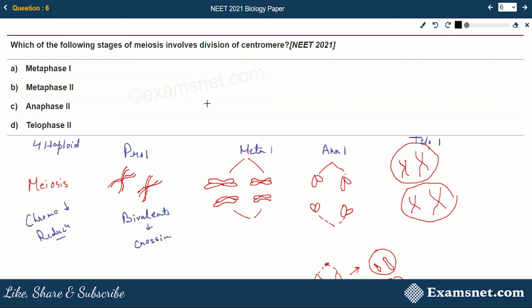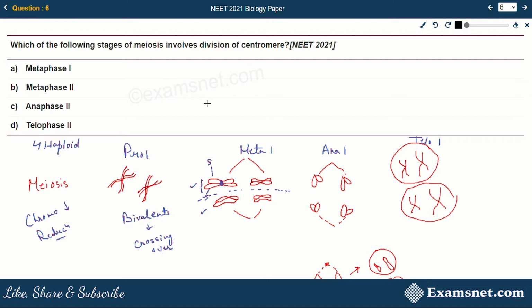Now in the next phase, that is metaphase 1, these bivalents arrange themselves on the equatorial plate, and as you can see, two parallel plates are formed. Here we must keep in mind that the bivalents consist of two sister chromatids, sister 1 and sister 2, which are attached to each other at the centromeres.